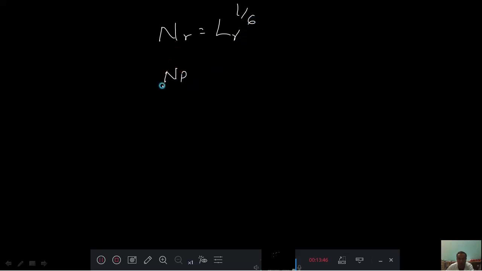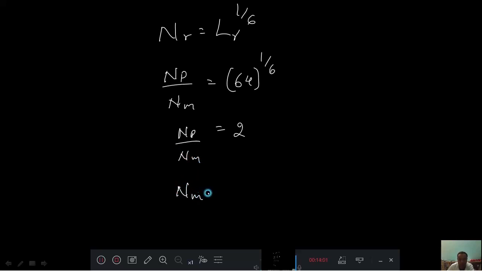Now NR is equal to LR raised to 1 by 6. NR means NP by NM is equal to 64 to the power 1 by 6. 64 to the power 1 by 6 is 2. Then here you want NP by NM, and what you want is NM. NM is equal to NP, 0.014, divided by 2.